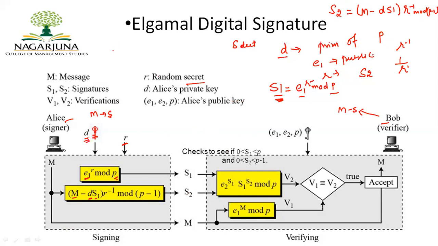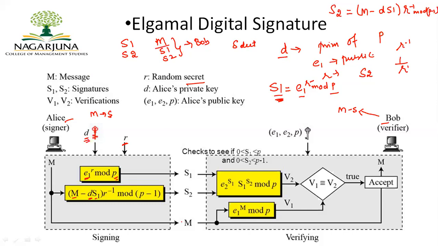Now Alice has generated two different signatures: one is S1, the other one is S2. Alice is going to send the message M, S1, and S2. All these three things are sent from Alice to Bob. Now Bob will receive the message.